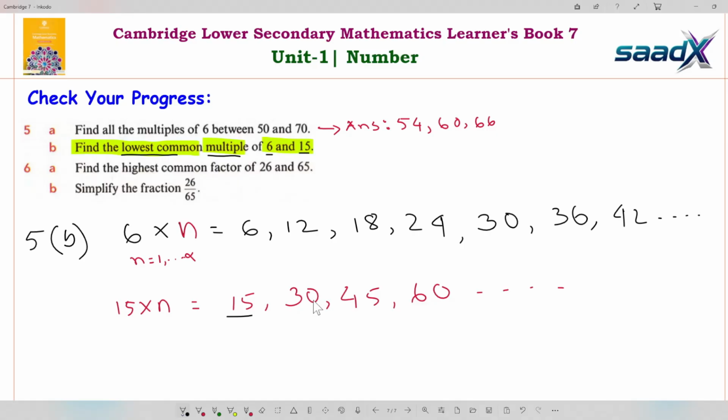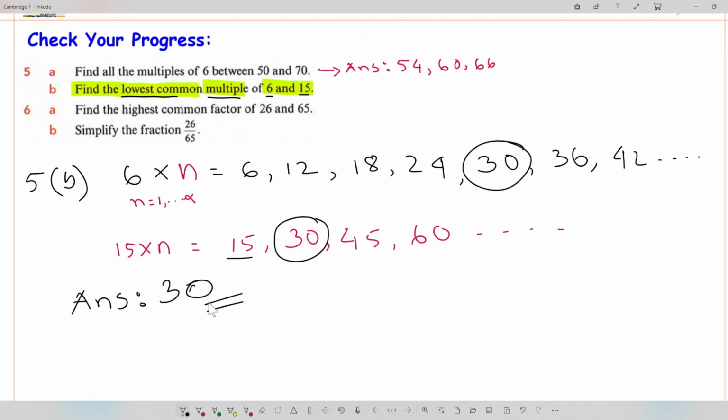So what is the lowest common? Here is 30 and here is also 30. This is the lowest common multiple. So our answer is 30. Okay, very interesting math. So number 5a and b done.